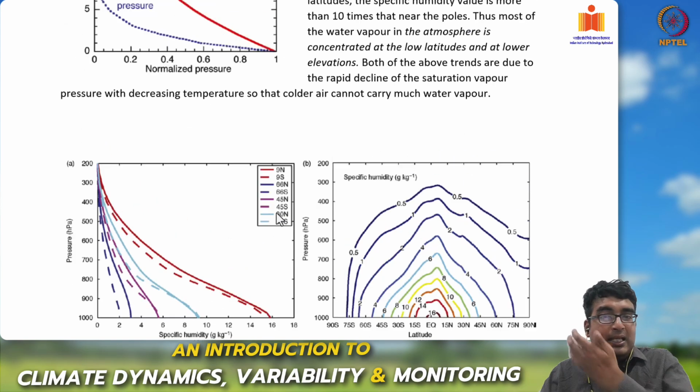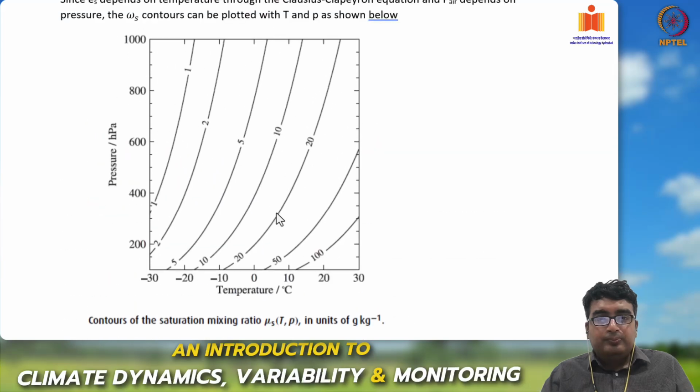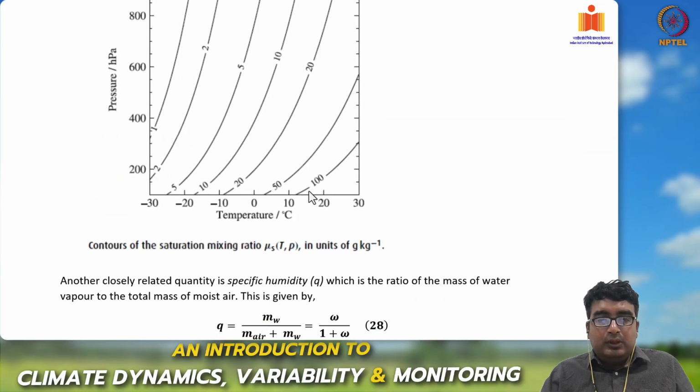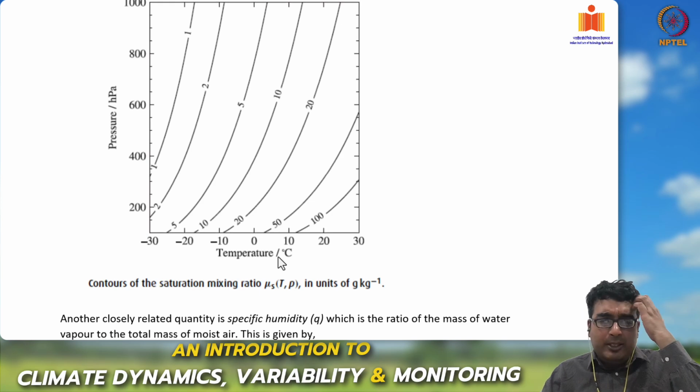So you can see from here, this is the humidity ratio, saturation humidity ratio, but specific humidity will be close to this. So 16 grams per kg is around this point here, and the temperature is around 20 degrees.